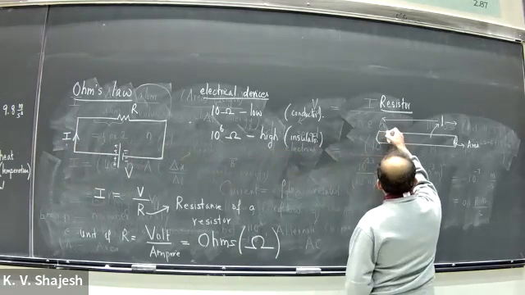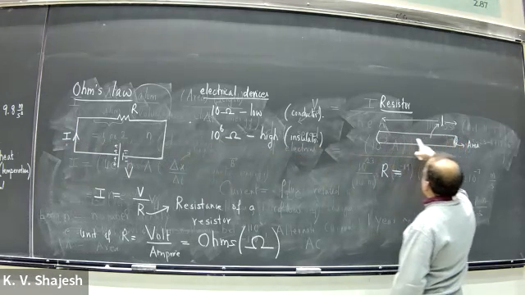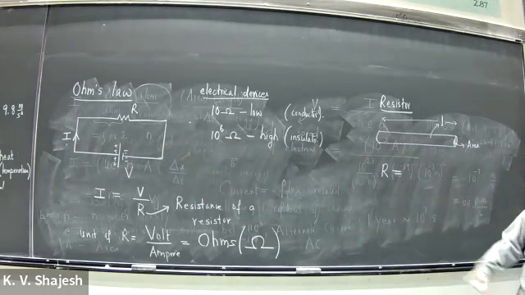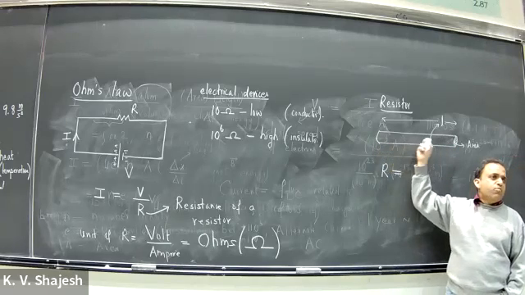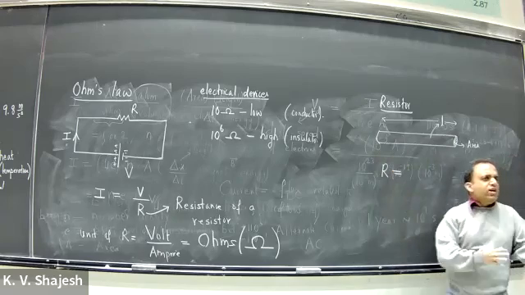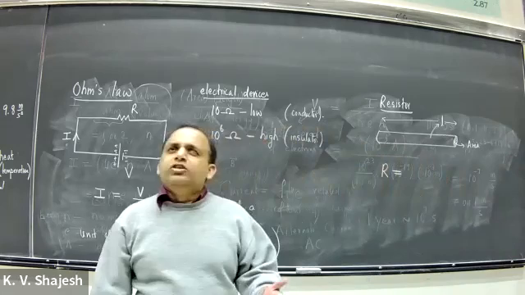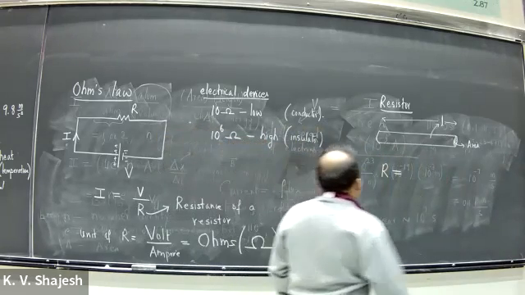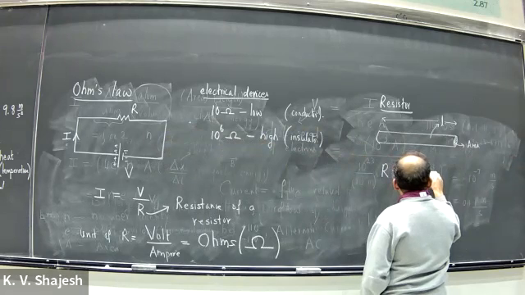Think of this as a corridor in this building, and if there are a lot of atoms in there, a lot of positive charges, and electrons have to move around, they bump into each other, and that's a sort of analogy for resistance. So if it's a longer length, there is larger resistance. It's proportional to the length L.